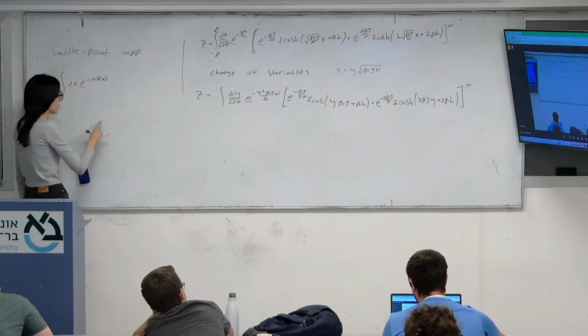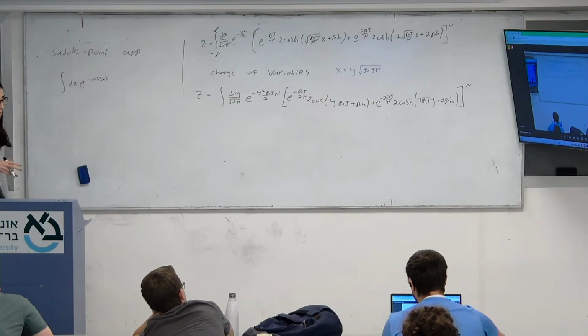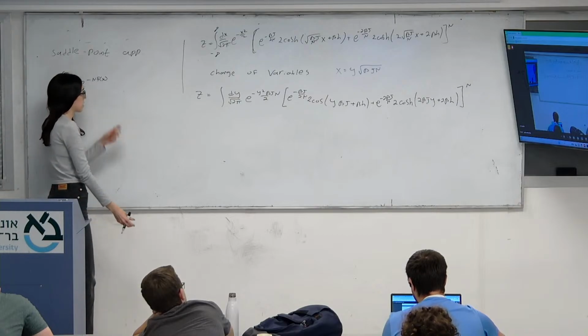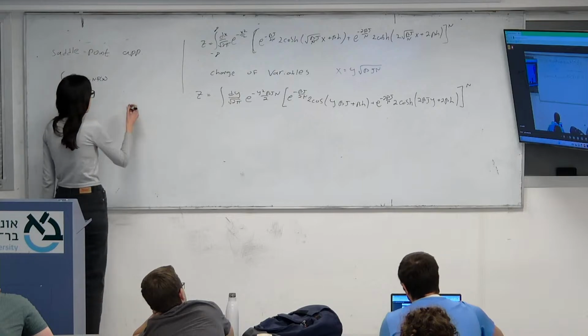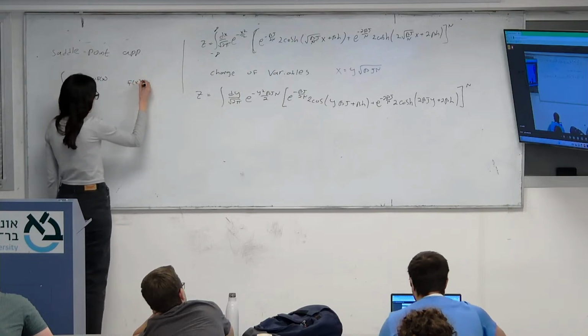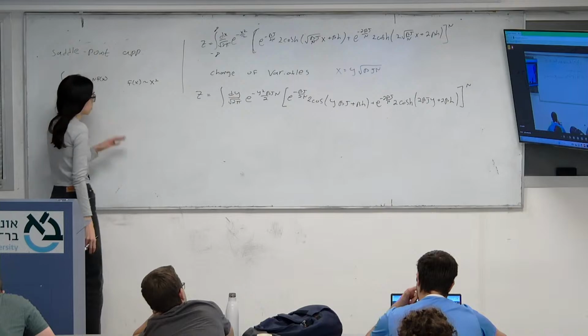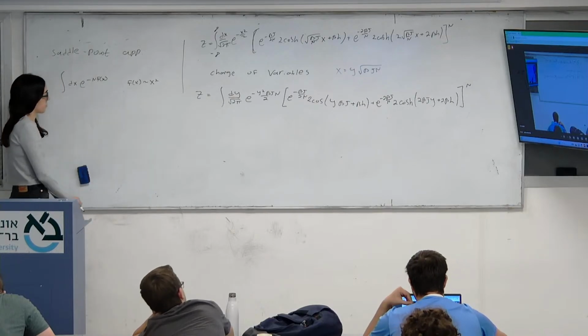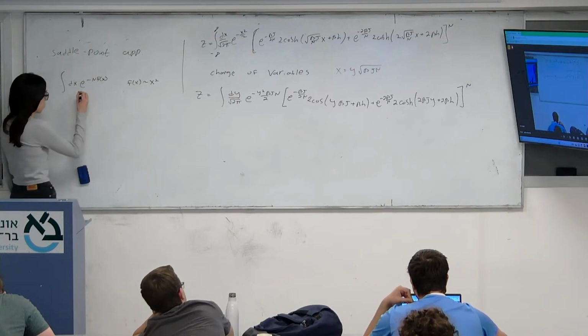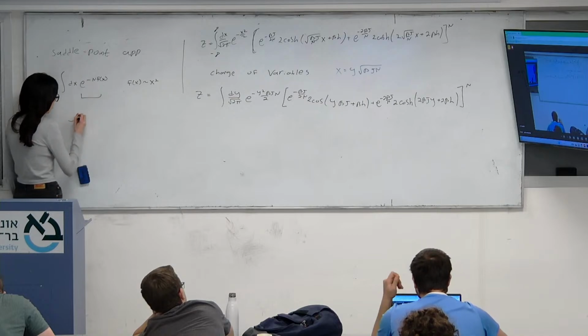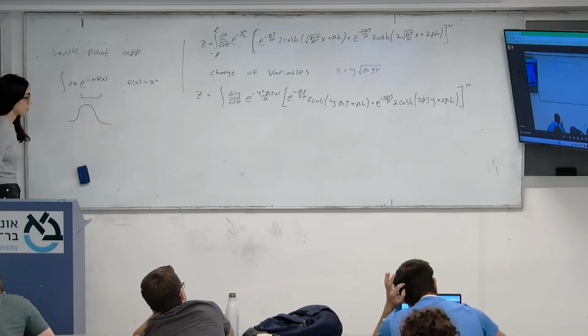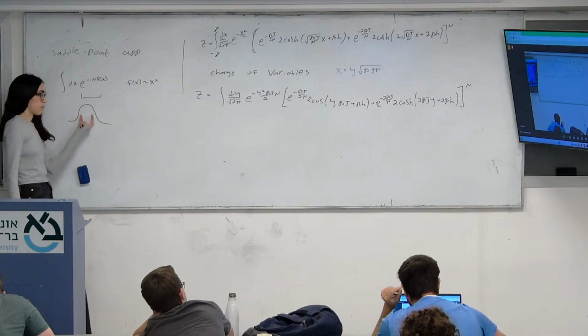So f of x can be, I don't know, like a Gaussian or something. So f of x can be like a parabola. So let's say all of that is looking like something like that. Okay, and then the width of the function is determined by n.